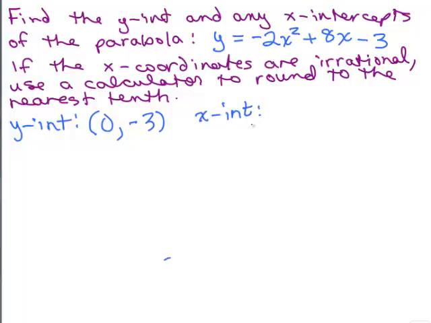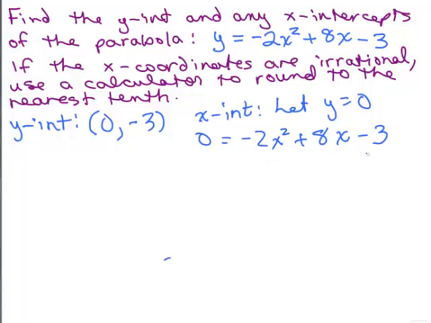Now we'll see if there's any x-intercepts. We put in 0 for y. So if I let y equal 0, this gives me 0 equals negative 2x squared plus 8x minus 3. You could try to factor the right-hand side, but it doesn't factor.